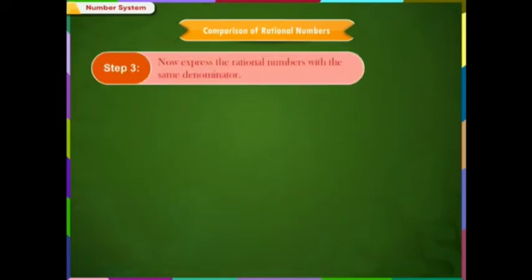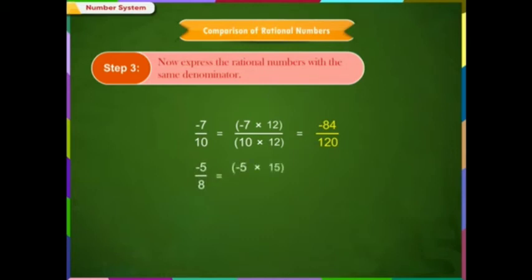Now express the rational numbers with the same denominator. Minus 7 by 10 is equal to minus 7 into 12 by 10 into 12, which is minus 84 by 120. Minus 5 by 8 is equal to minus 5 into 15 by 8 into 15, which is minus 75 by 120.